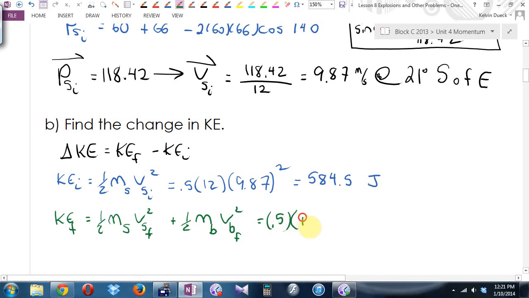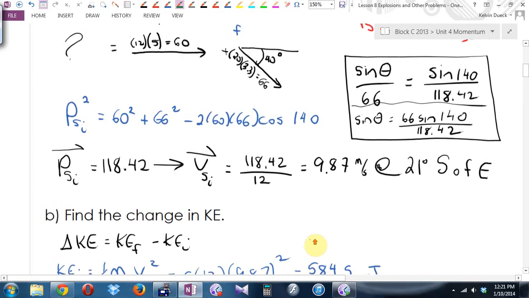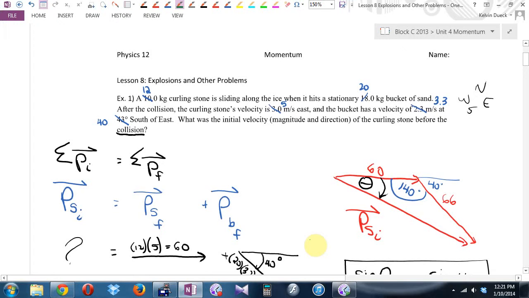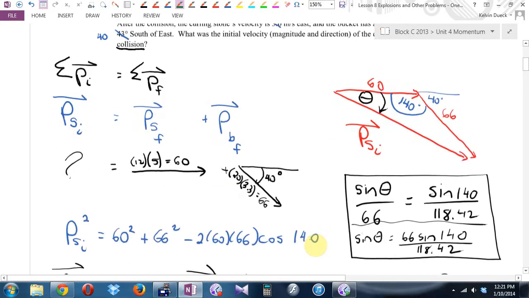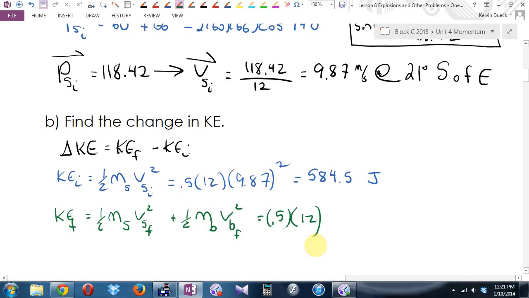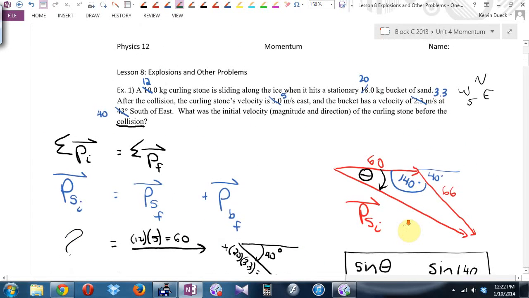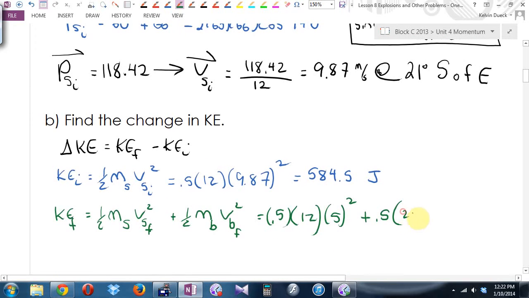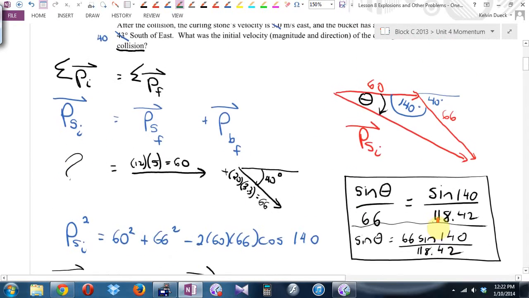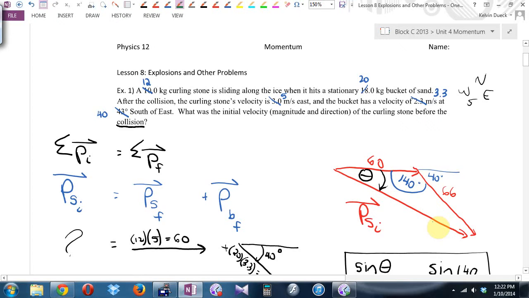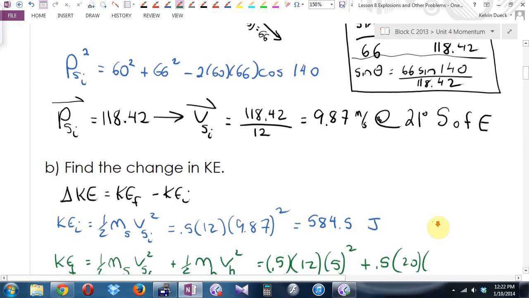0.5, 12. What was V final of the stone? 5 meters to east. Don't care about the direction. 5 squared plus 0.5. Mass of the bucket, which I think was 20, and 3.3. Who cares about the direction?